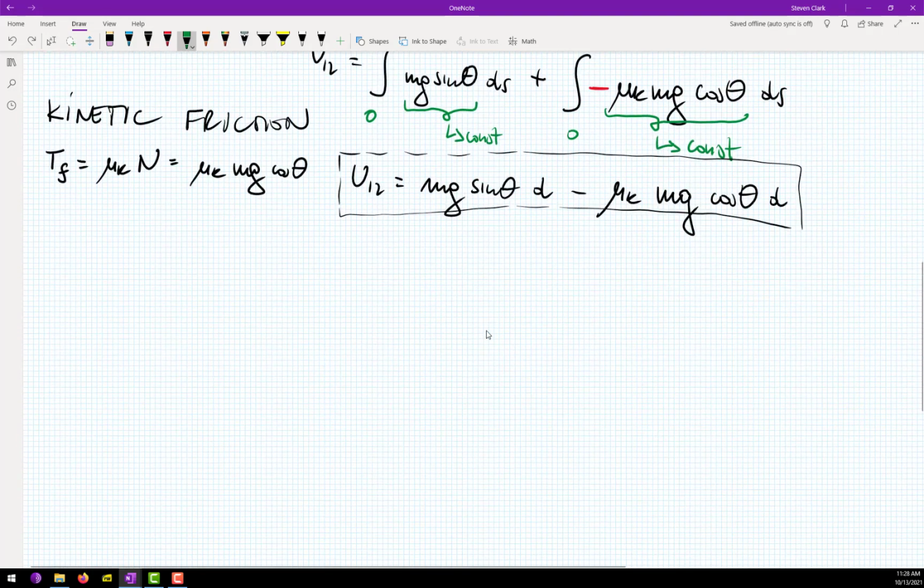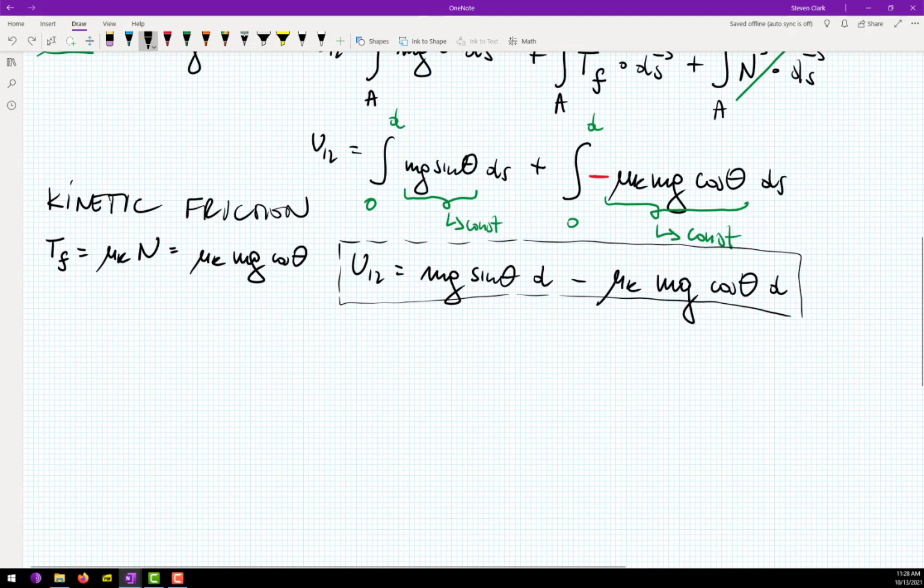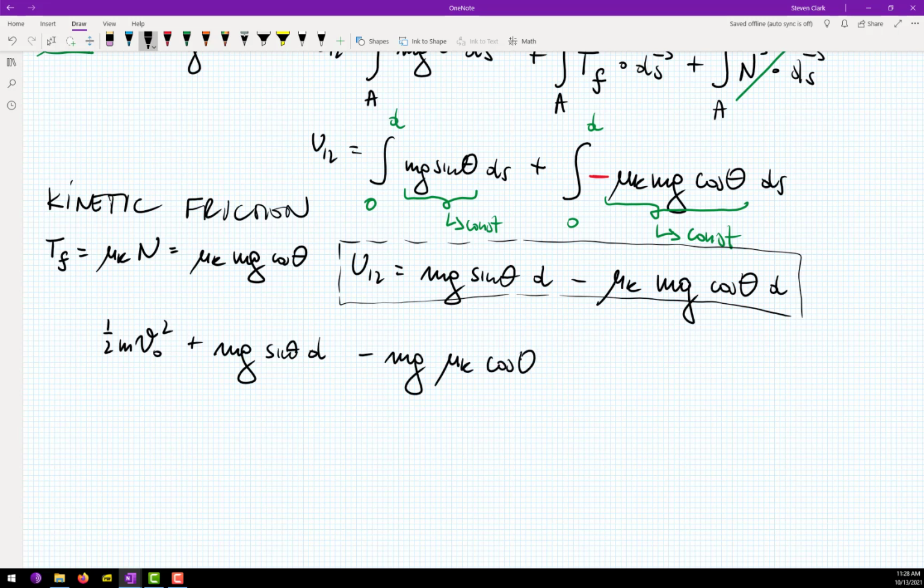So we will end up with 1/2 m v0 squared plus mg sine theta d minus mg mu k cosine theta d. This is equal to 0.